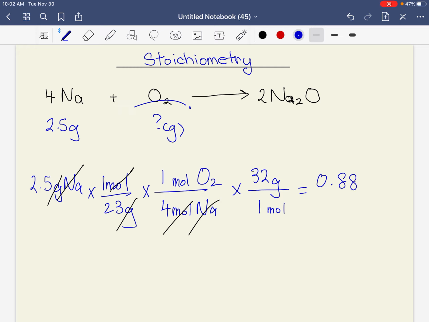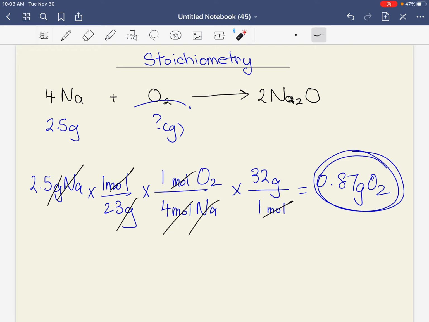Rounded to the nearest 100th, there's your answer. So what does this mean? This means that for every 2.5 grams of sodium, you need at least 0.87 grams of oxygen.